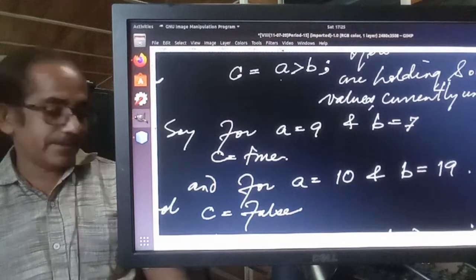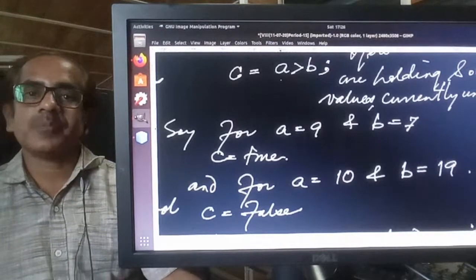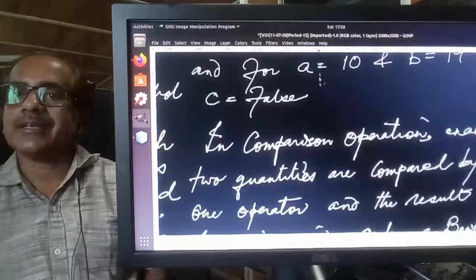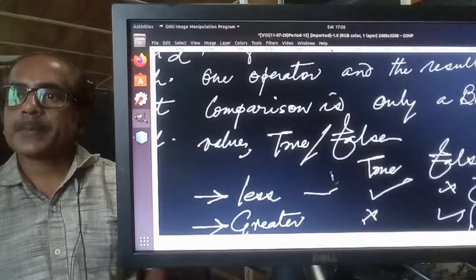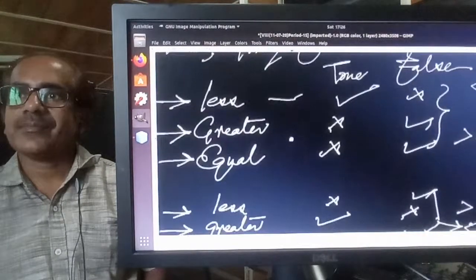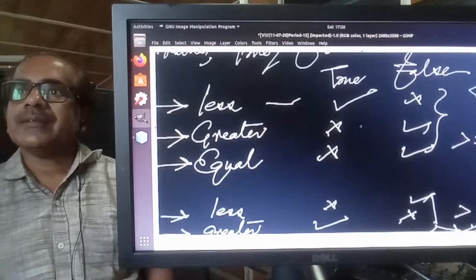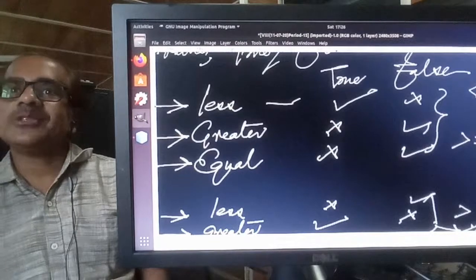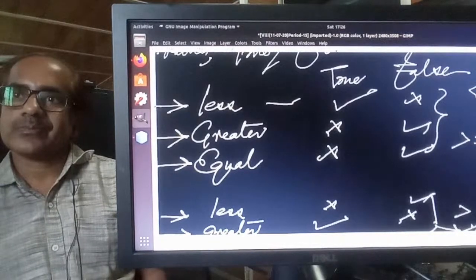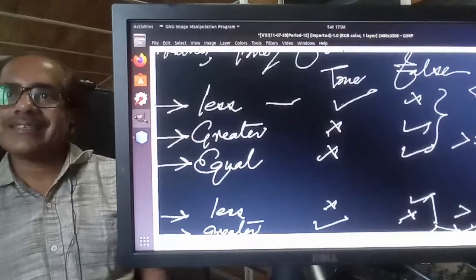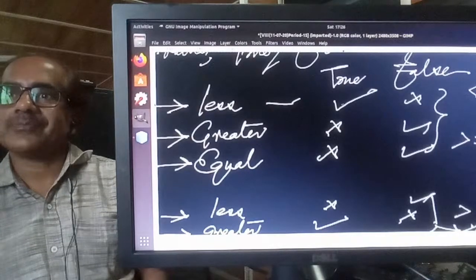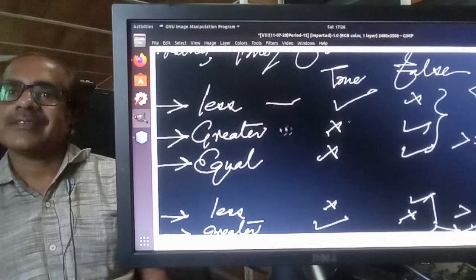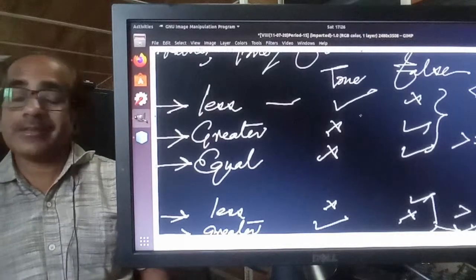You see, this I was explaining last day with the help of a chart. Different charts I made here. When less is declared true... When less is declared true, then there is the possibility of greater or equal, sorry, I am speaking the opposite.